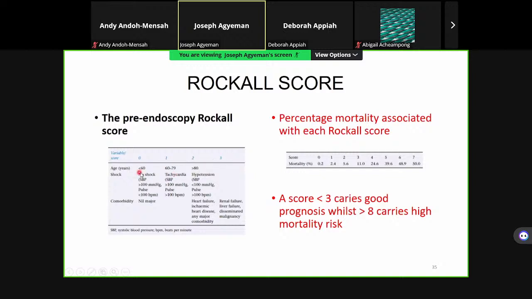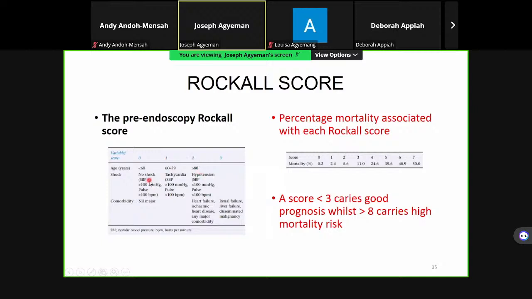For example, if the person's age is below 60, you don't score, it's 0. If there is no shock, that is, if the systolic BP is above 100 and the pulse is below 100, that one too is 0, no score. And if you don't have any comorbidities, no score. But when the person is elderly, between 60 and 79, you score 1, and above 80, 2.